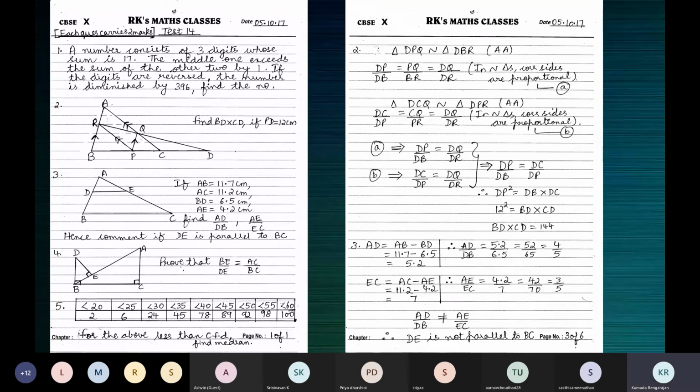Ma'am, I completed the fourth one, ma'am. Finished the fourth one? Okay. Read from your book, Priyadarshini. Yes, ma'am.